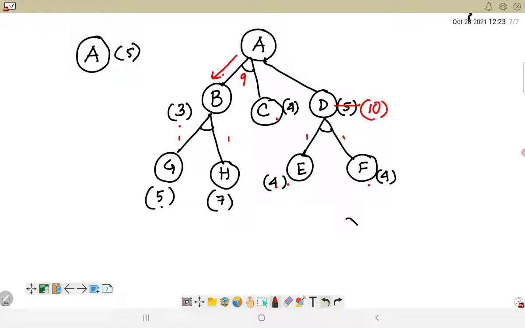Okay, so 7 plus 5, but let me put it in a different way. So initially 5 plus 1, so this is B, I am getting it as 6.